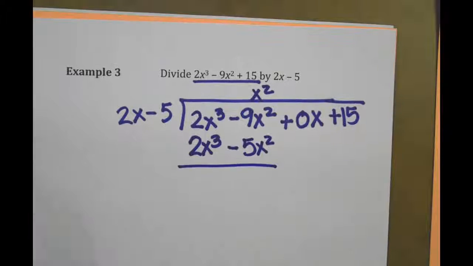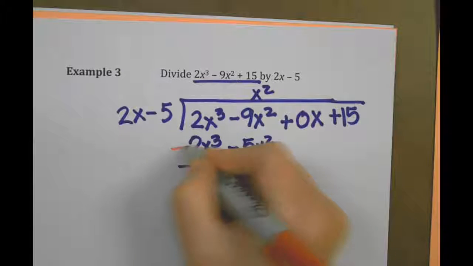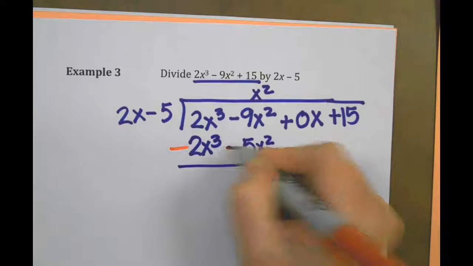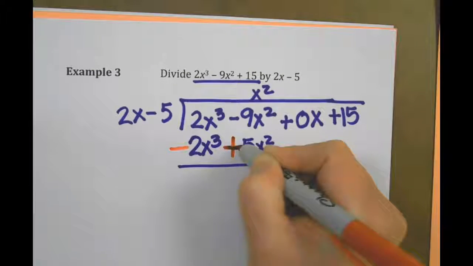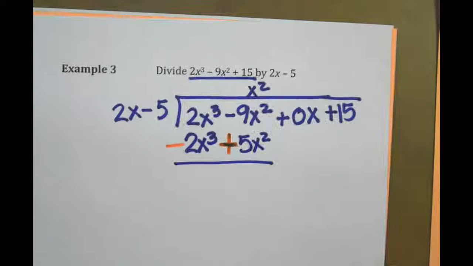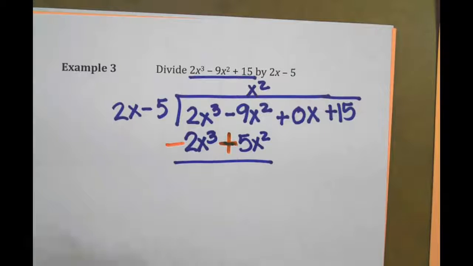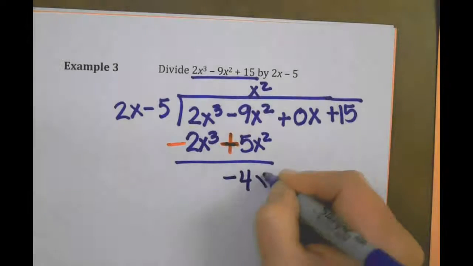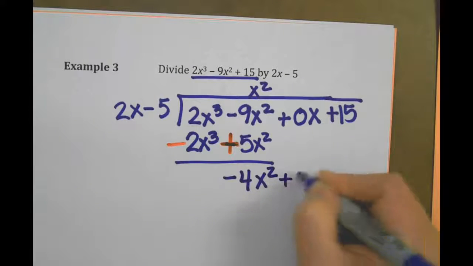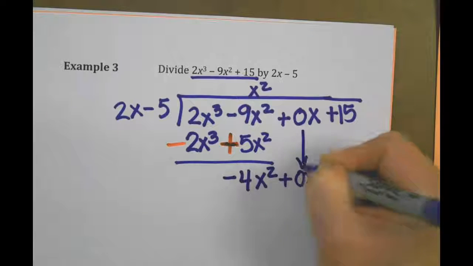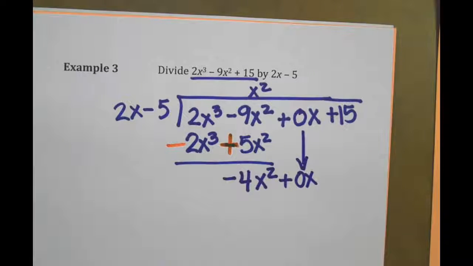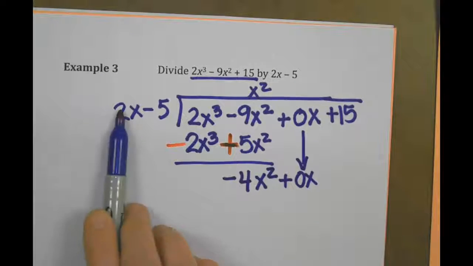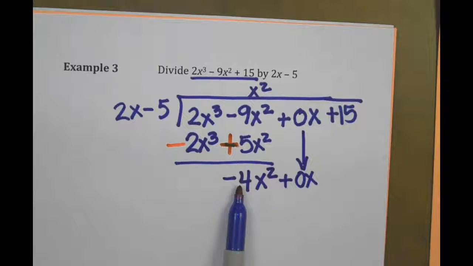And then I need to subtract. To subtract a negative, minus a minus makes that into a positive. And so when I add up the columns, I get negative 4x squared plus 0x, because I have to bring down that next term.